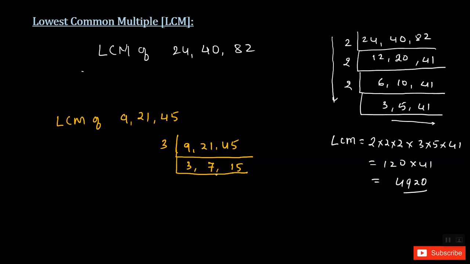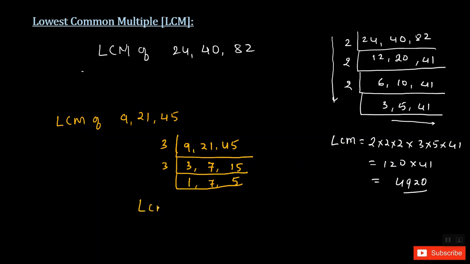So 3 and 15 can be further divided by 3, but 7 cannot. Whichever can be divided, divide them. Whichever you cannot, keep them as they are. Now 3 becomes 1, 7 stays, and 15 becomes 5. So what is your least common multiple now?